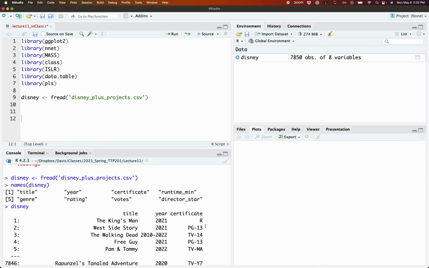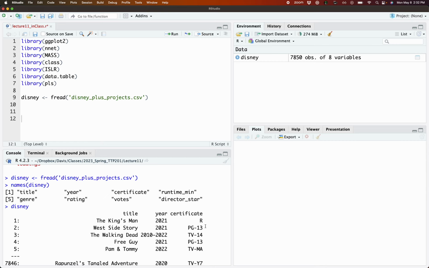I think it's like 2 years old at this point, so it's not going to have a lot of the newer stuff. But title, name of the TV or movie, year that it came out, or range of years for TV shows. Certificate gives the rating, right? It's got both movie ratings and TV ratings.